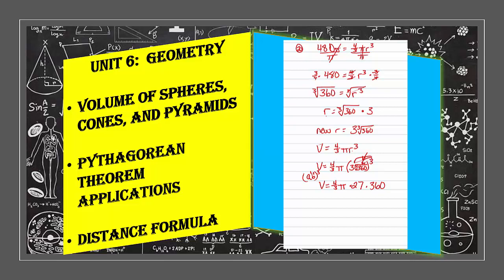And so we should be able to clean this up a little bit. 4 times 27 times 360 divided by 3, where our new volume is equal to 12,960 pi. And we started off in centimeters, so we will end in centimeters cubed.